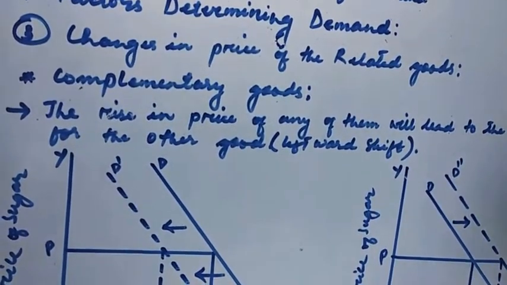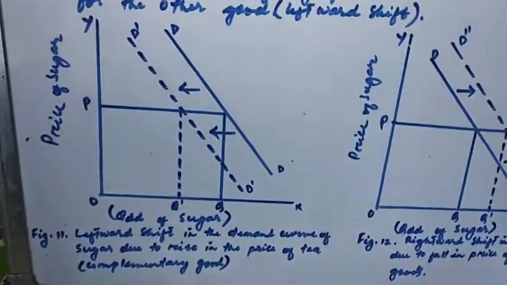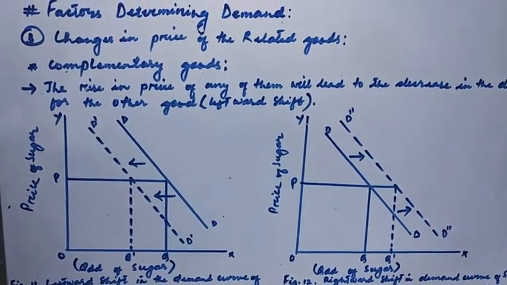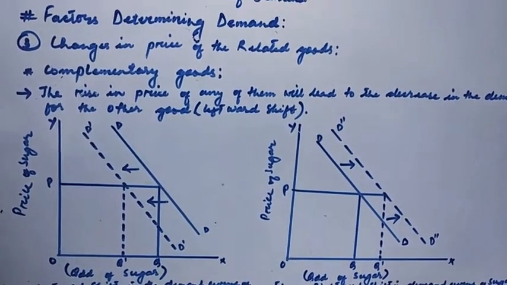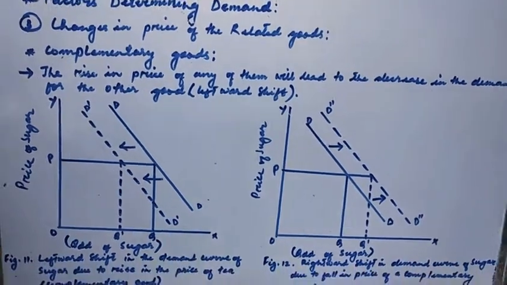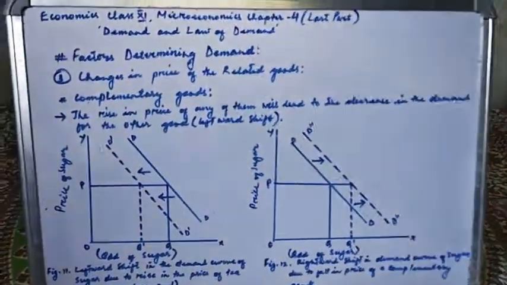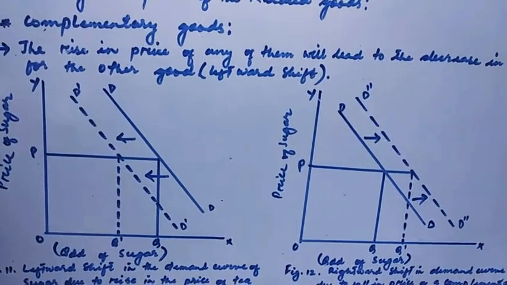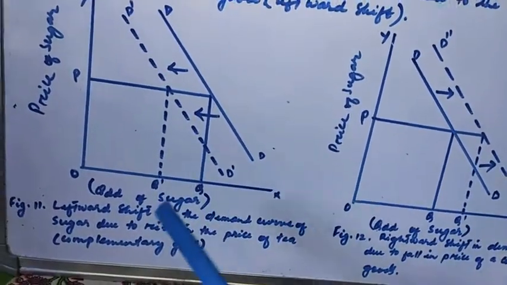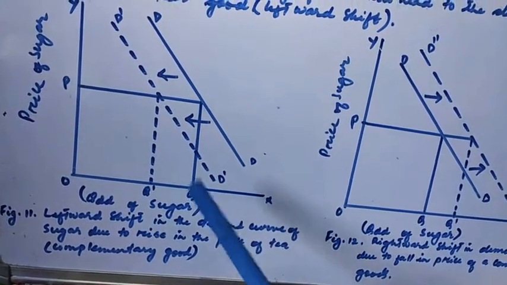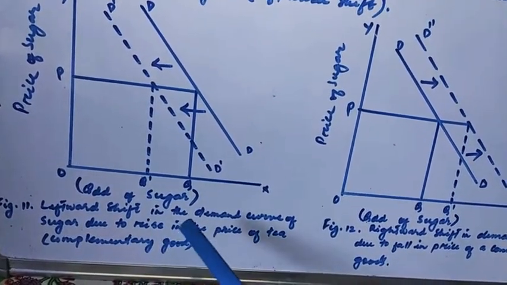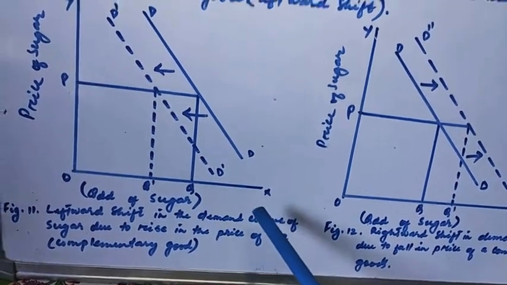So figure 11 and figure 12 will give us a clear picture of complementary goods and how changes in the price of any of them will lead to changes in the demand for the other complementary good. Figure 11 shows the quantity demanded for sugar when there is a rise in the price of tea.